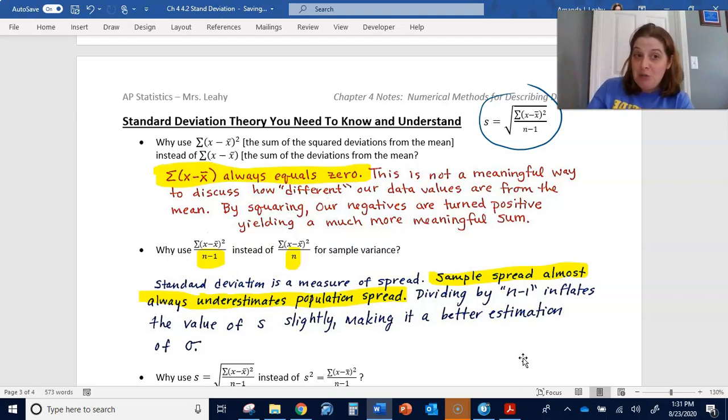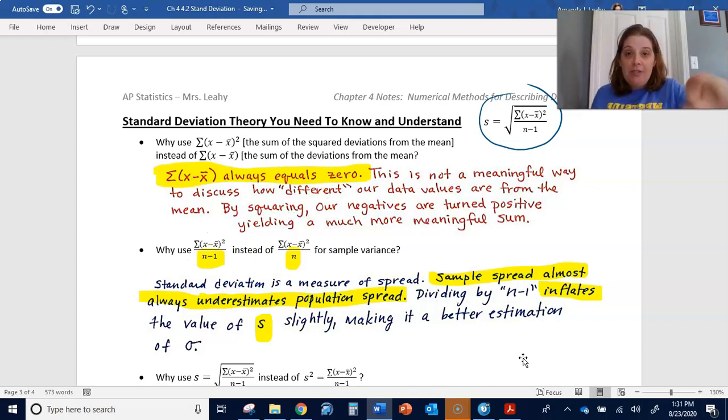So we're trying to predict what the population is, and we know that when we take samples, those spread numbers are probably going to be too small. So instead of dividing by n, we're going to divide by n minus 1, with the idea that if you divide by a number that's a little smaller, your overall result is going to be a little bigger. What this does is inflate our sample standard deviation a little bit and makes it more likely to be a better estimation of sigma.